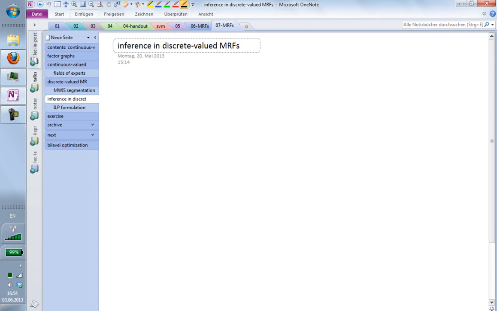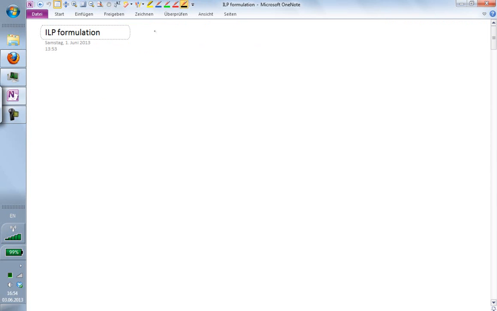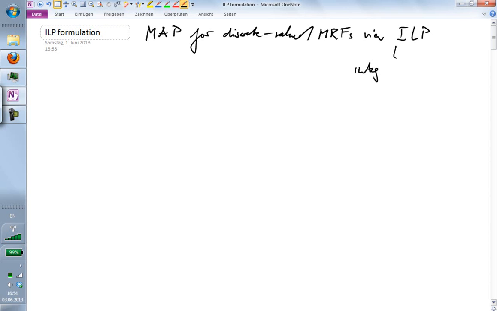So in the following, as a header, let's call this maximum a posteriori estimation for discrete valued MRFs via ILP, where ILP is integer linear programming.